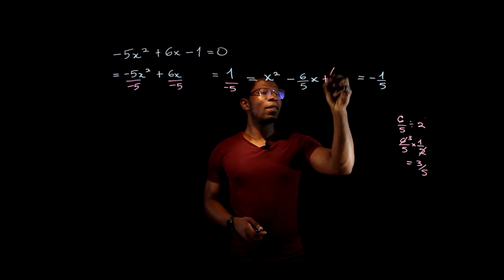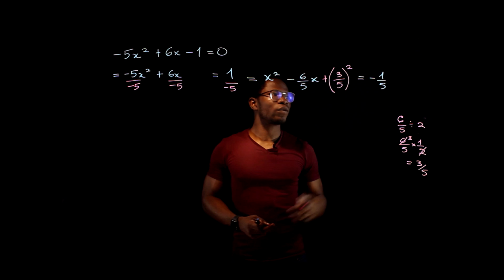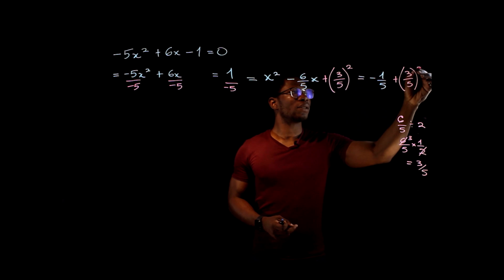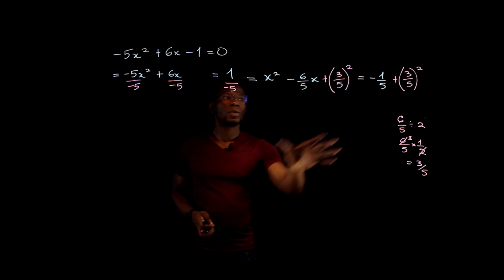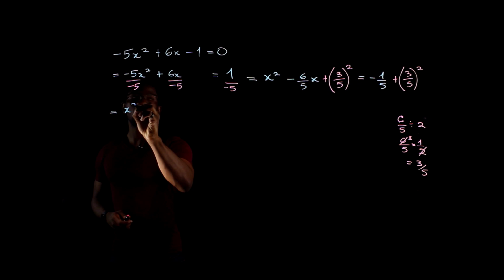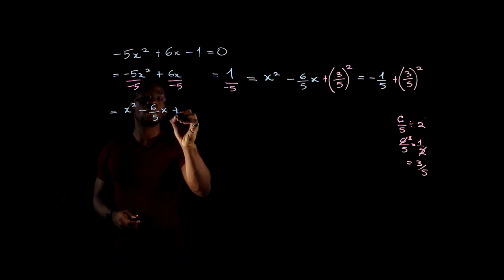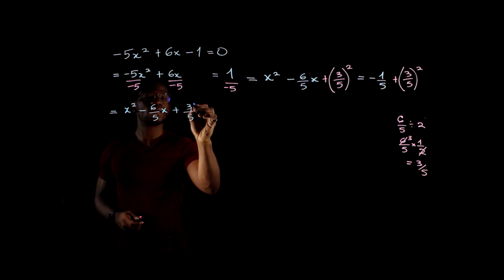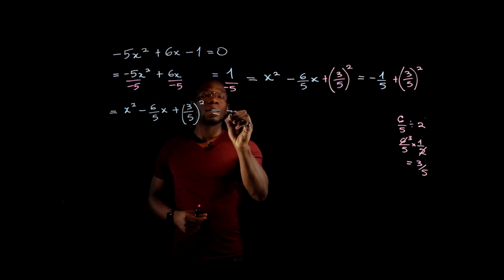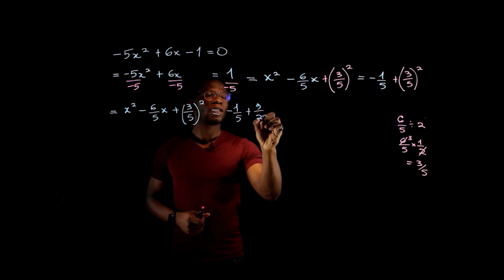So if we add the square of 3 over 5 to both sides of our equation, we have 3 over 5 here as well, squared. So our equation becomes x squared minus 6 over 5x plus 3 over 5 squared equals minus 1 over 5 plus 9 over 25.